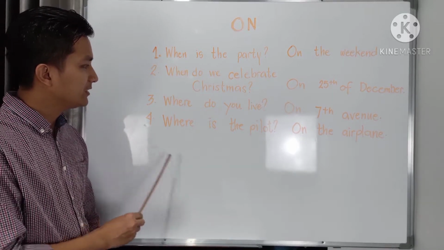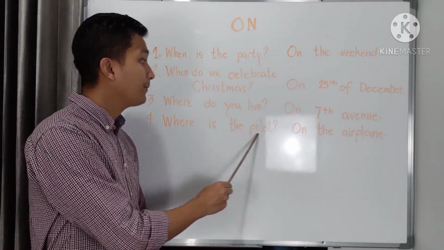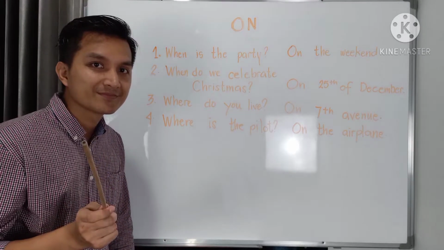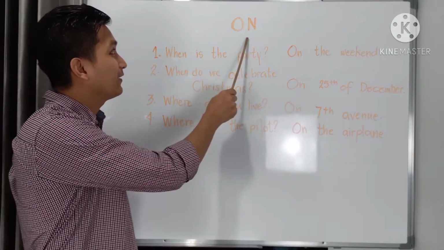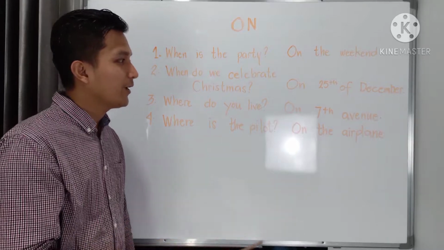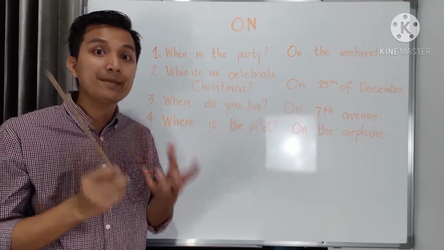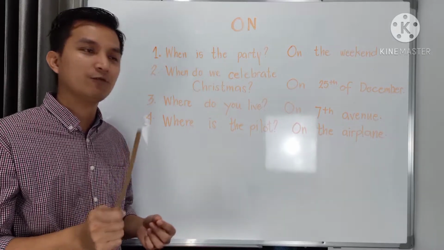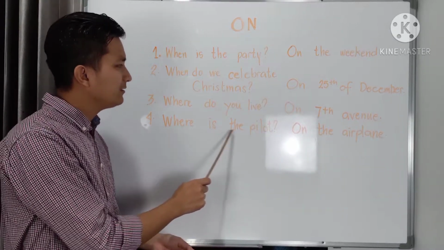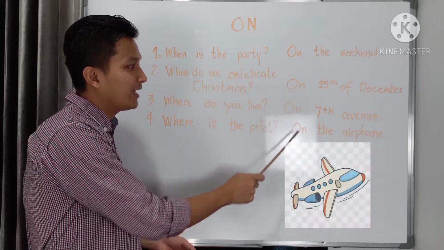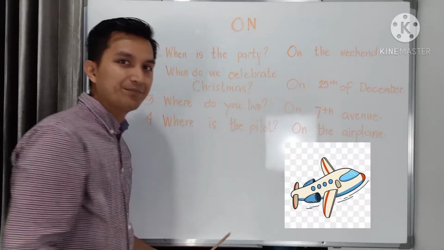Number 4 question is, where is the pilot? Very good. The preposition on again. Why? Because an airplane is a means of transportation. For example, where is the pilot? The pilot is on the airplane.